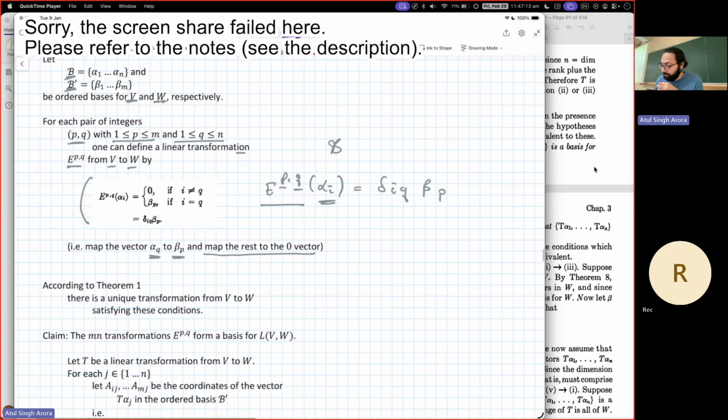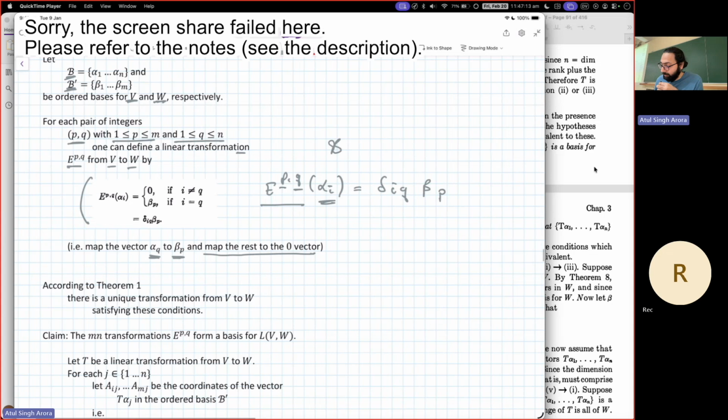Okay, so what do we want to show? We want to show that this transformation T can be expressed as a linear combination of E^{PQ}, which basically form the basis. That's what we want to argue. We're saying that every linear transformation T can be expressed as a linear combination of the transformations E^{PQ}. Is it making sense?